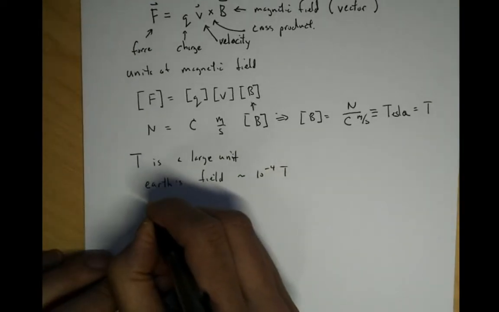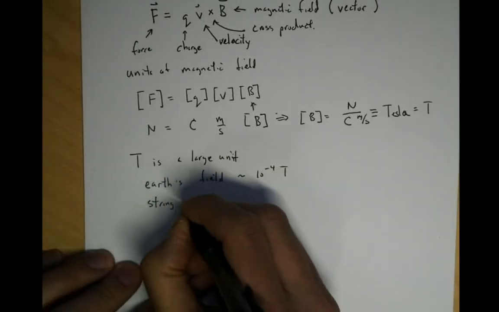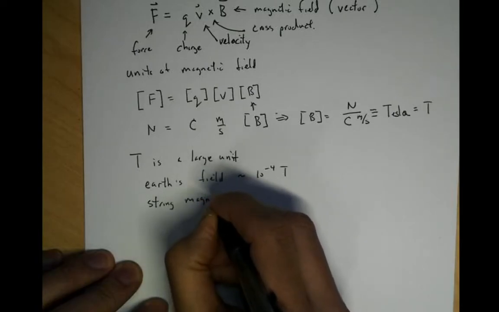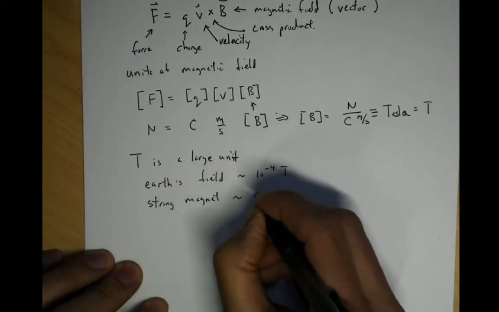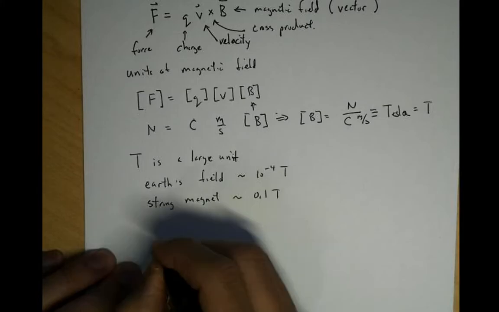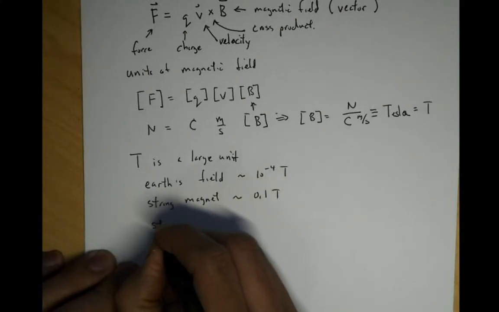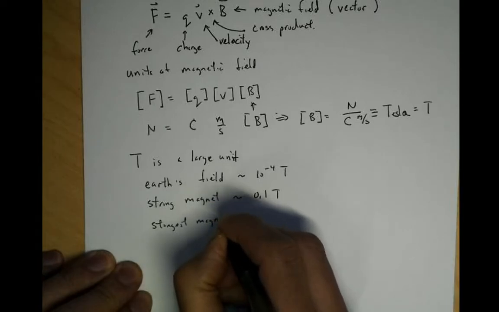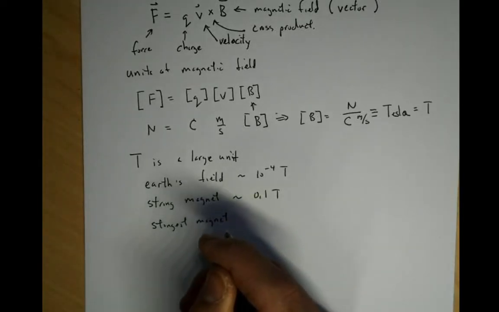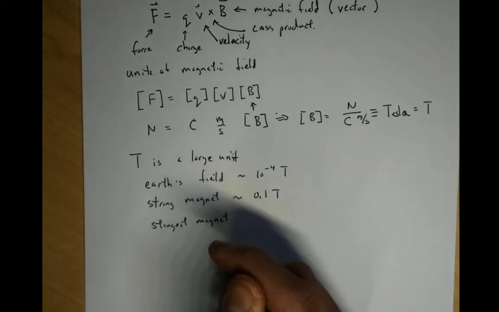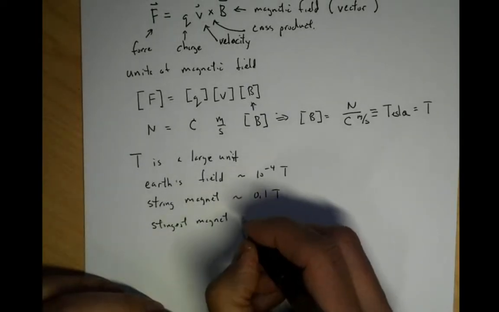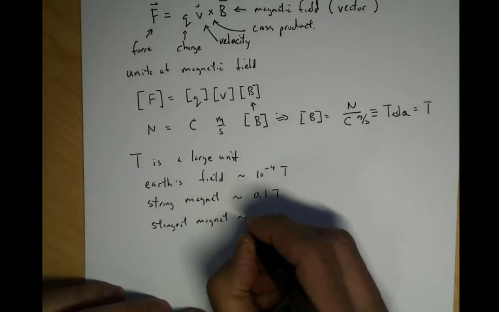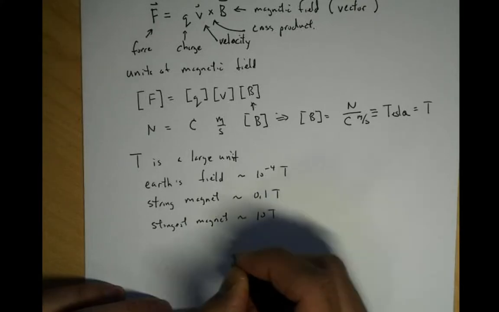A strong magnet is about 0.1 Tesla. And the strongest magnets that can be produced on Earth, like the magnet in an MRI machine, are about 10 Tesla or so.